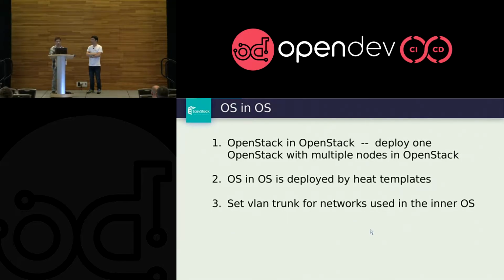Deploying the inner OpenStack to the private cloud has some troubles, like how the network runs in the inner OpenStack. We set some VLAN trunks to the networks which will be used in the inner OS. This makes the OS in OS run with multiple nodes.